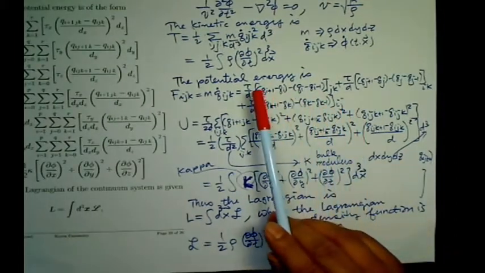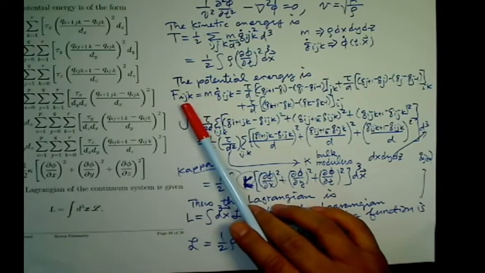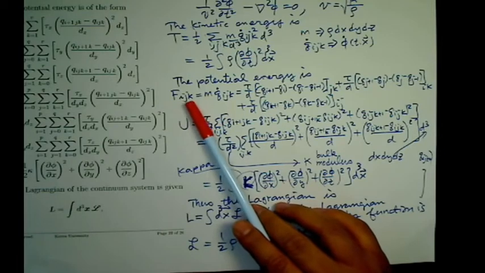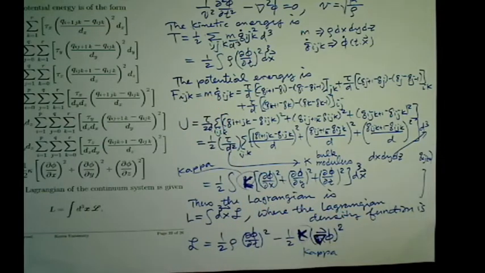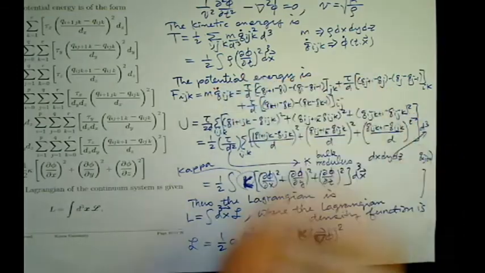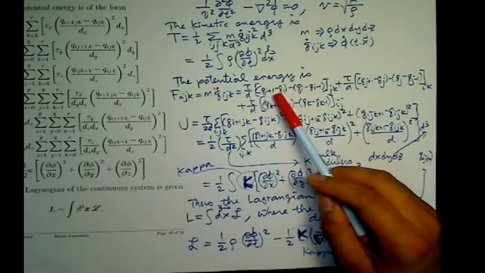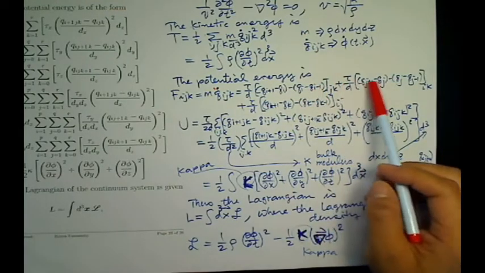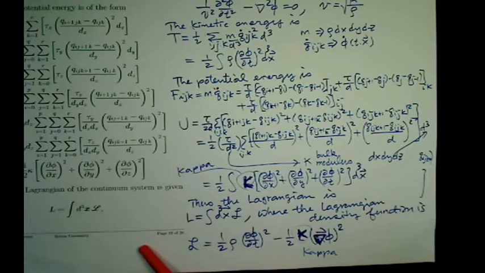Potential energy can be computed in this way. The force on a bead, the IJK bead, is m q double dot, and tau over d times the differences for I, J, and K variation.